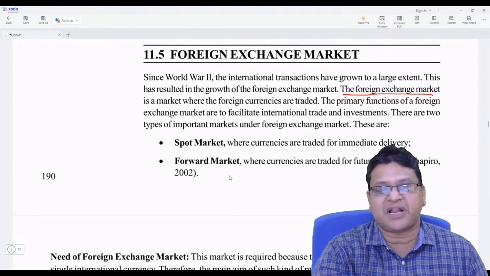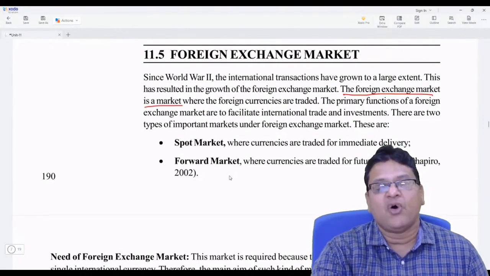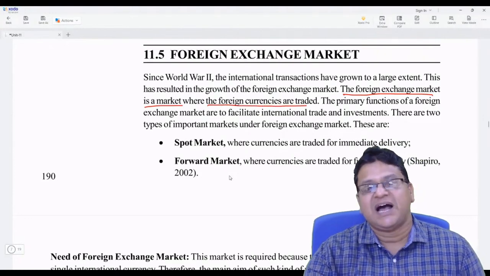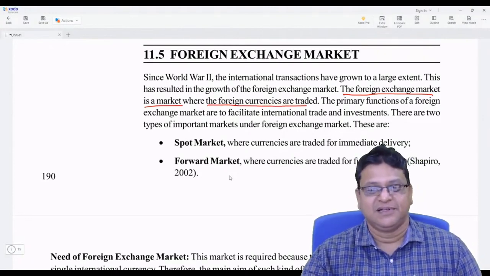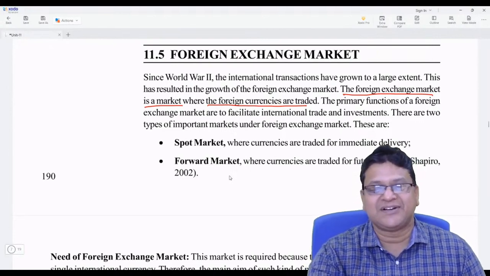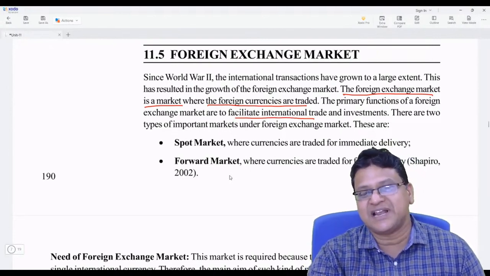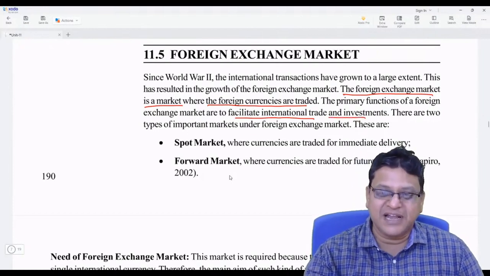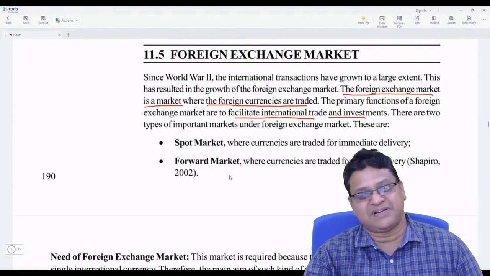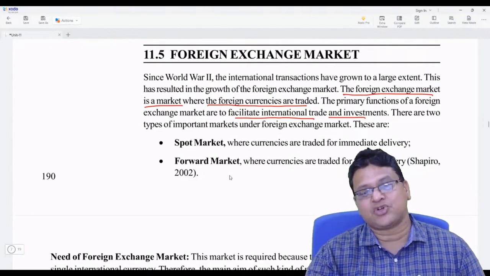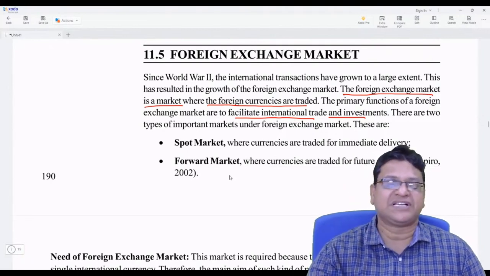The foreign exchange market or forex market or currency market is a market where foreign currencies are traded. The foreign currency is required to facilitate international trade and international investment. So forex market helps in international trade or international investment. There are two major segments of forex market.